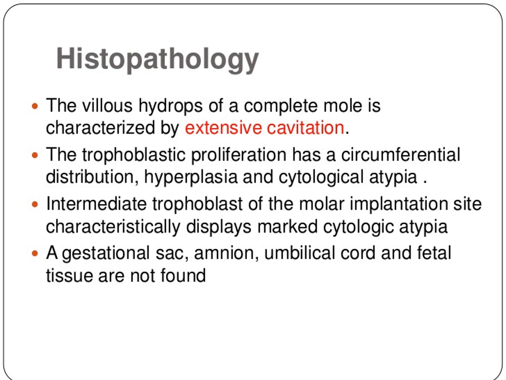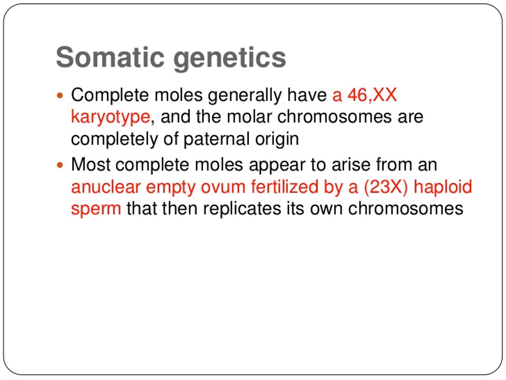It's hyperplasia, and they also show some cytologic atypia. Gestational sac, amnion, umbilical cord, and fetal tissue are not found in complete mole, but you can see these structures in partial mole.